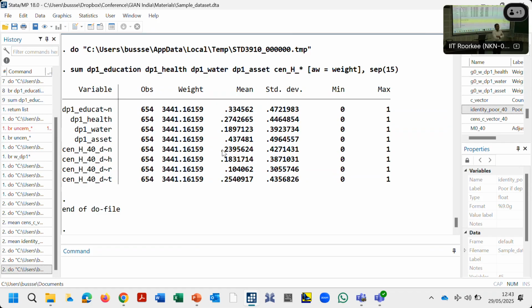Because it's a raw headcount. Okay. So you are leaving out some of the deprivations for the people who are not poor. That's why, if ever in your computation you find a value of censored higher than raw or uncensored, you are dead wrong. You have done something horribly wrong.